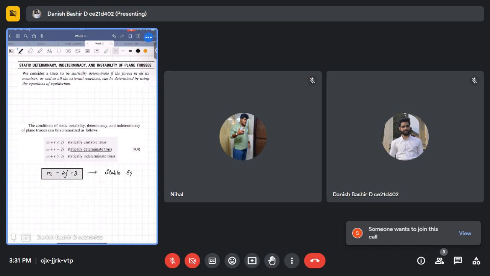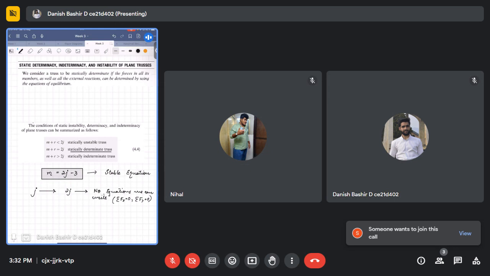At each joint, if J is the number of joints, we can write 2J equations. Is this point clear? If we have J joints, we can write 2J equations: summation Fx equals 0, summation Fy equals 0.